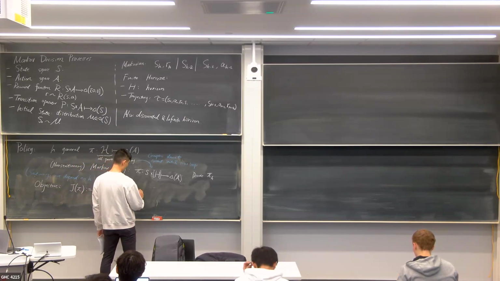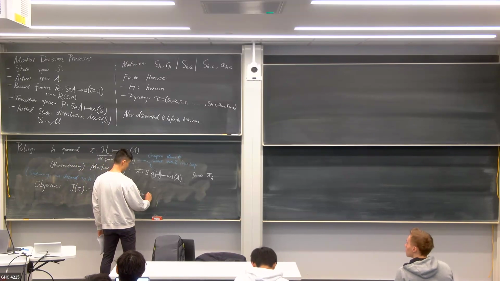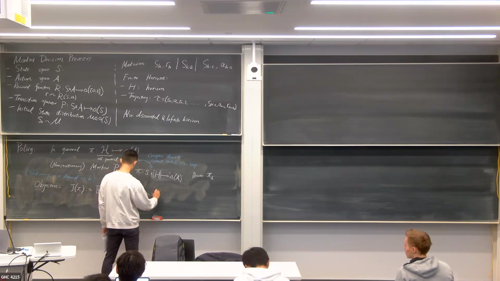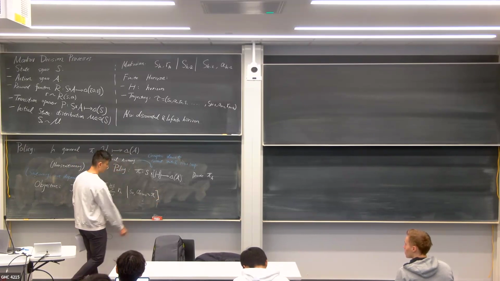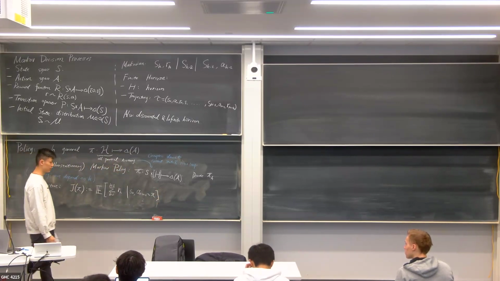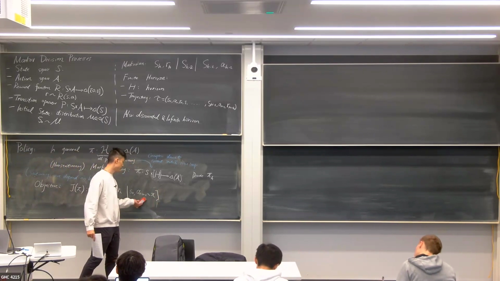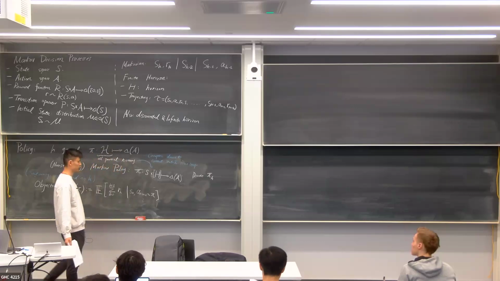For a Markov policy, you generate these decisions without looking at the full partial history. But in general, you might actually be non-Markov.